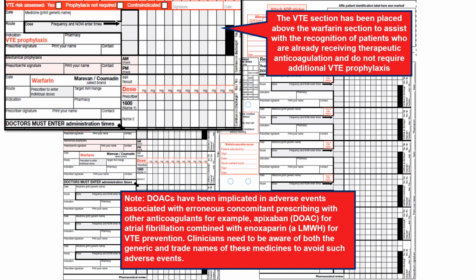So always be aware. Point out to the pharmacist, talk to the treating team if you notice that this section hasn't got a contraindicated line through it and they're on one of these newer medications. If they're on one of the newer medications and also on VTE prophylaxis, certainly point out to the pharmacist or the doctors to get that prophylaxis ceased.